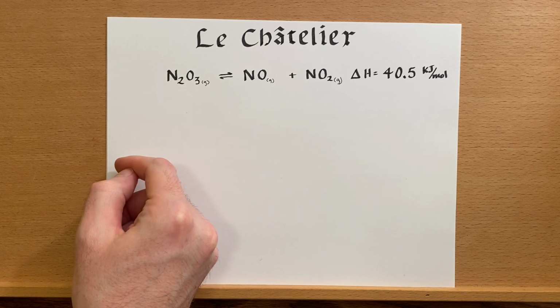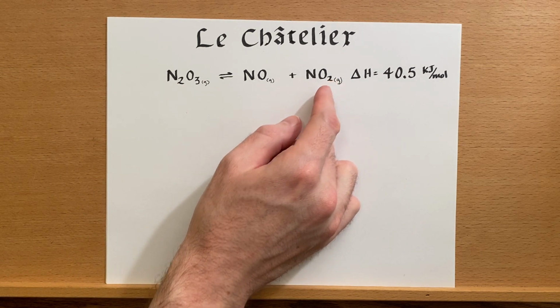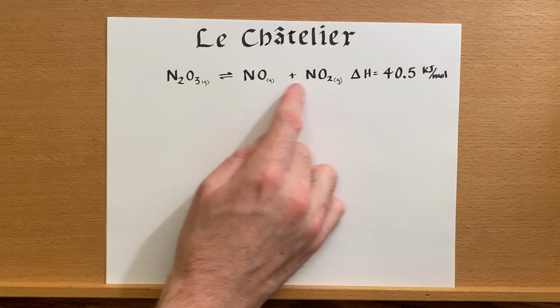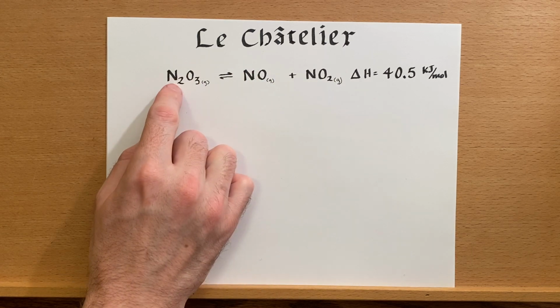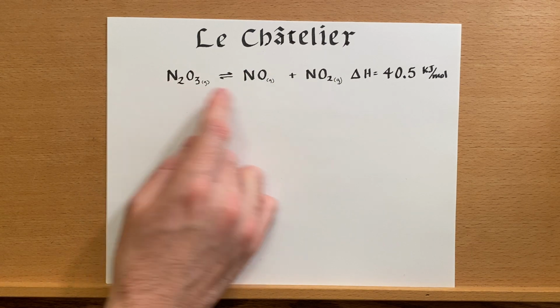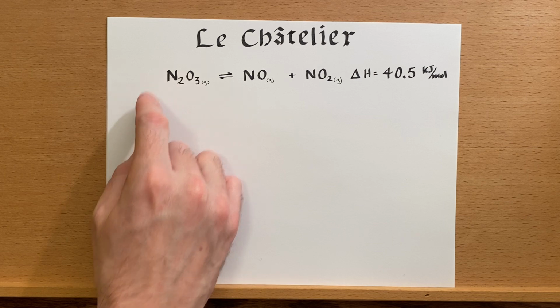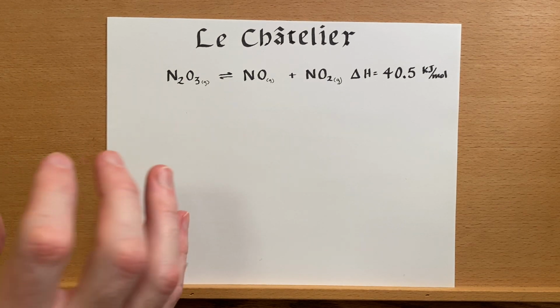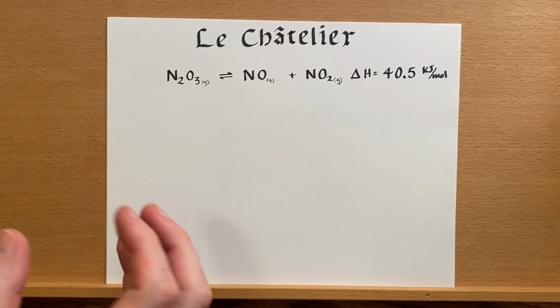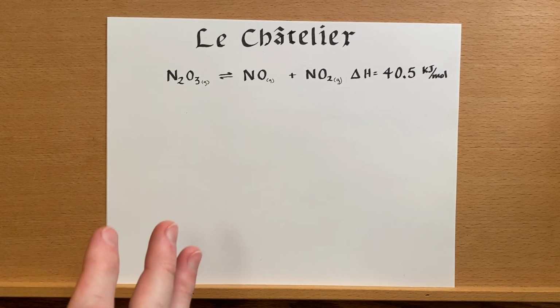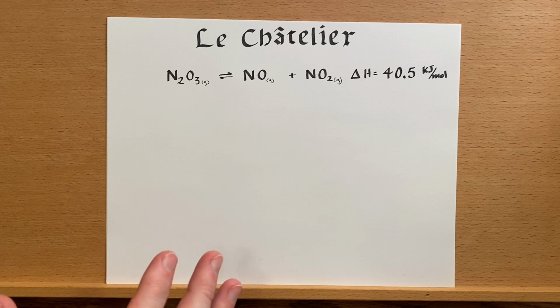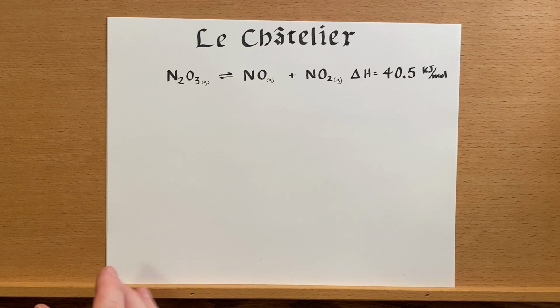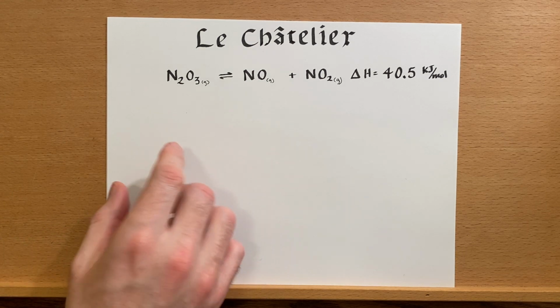So we pull some of this out, well, the reaction will use up some of the NO2 and some of the NO and make more reactants. So it shifts this way. It always tries to re-establish where it was. Equilibrium reactions do not like to change. They like to stay the same at equilibrium.